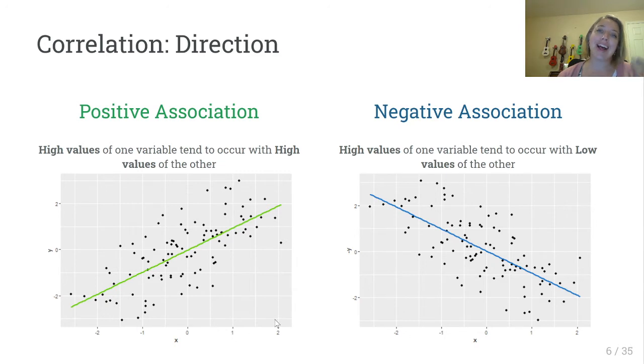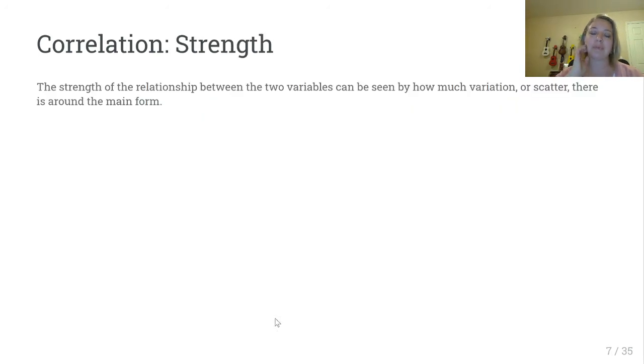So this would be time spent on video games and score on exam. The more time spent on video games, I'm talking about my kids, the lower their score, and vice versa. So as you read from left to right, it's going down, and that's what we call a negative association. So correlation has direction.